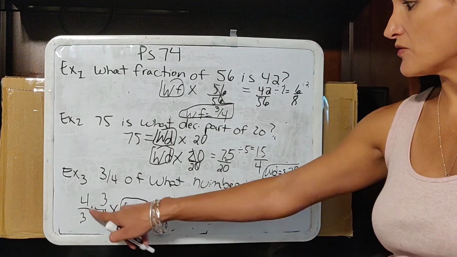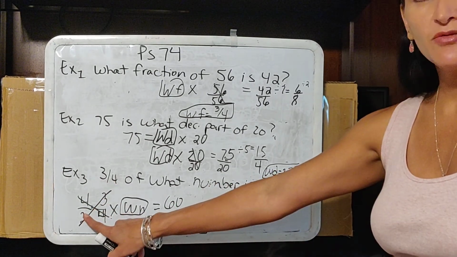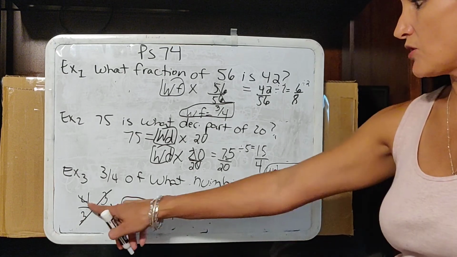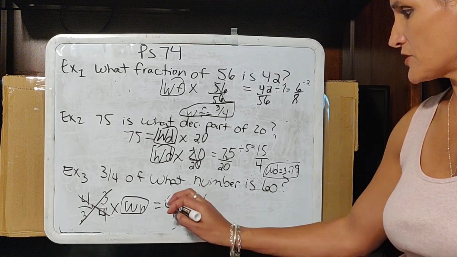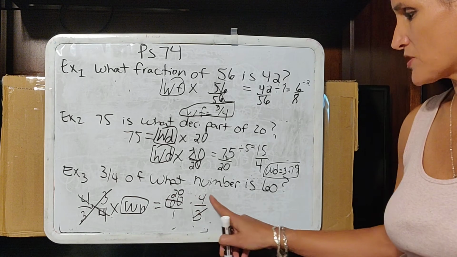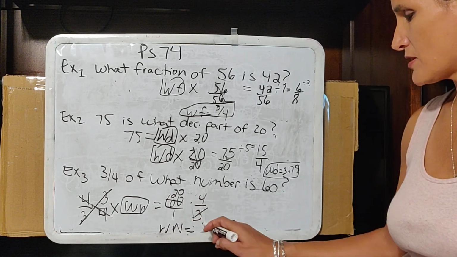Because there's a fraction involved, you would use the reciprocal, those cancel out. Whatever you did on one side, you always did on the other, so you put this over 1, you multiply it times 4/3. You can reduce, and you're going to have 20 times 4. So W equals 80.